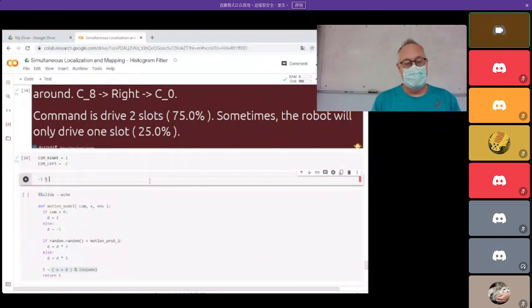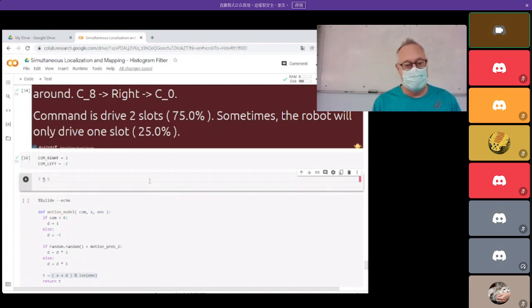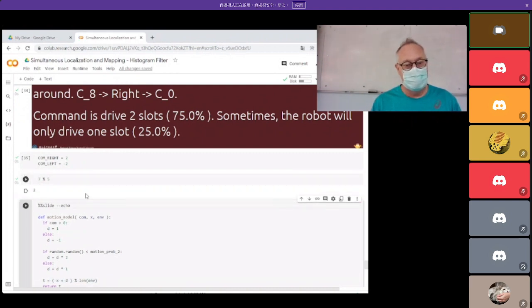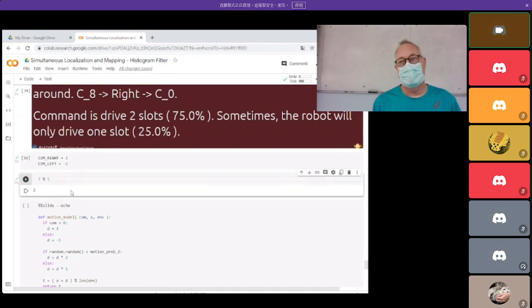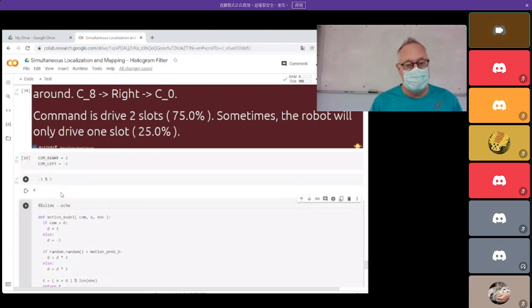So for positives, this will definitely work, right? So if my position is 7 and I only have 5 slots, then 7 modulo 5 will be 2, and that's the correct index if I wrap around 2 more, starting from the left. But negative numbers can be tricky. So in this case, it actually works.